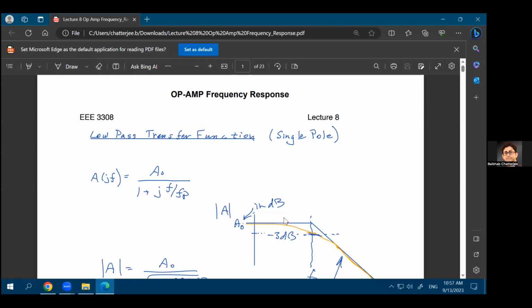So this is in the form of this: you have a constant term in the numerator, there are no zeros in this equation, but there is a pole at s equal to minus 1 over k. And what is k over here? In this case, it is R naught C naught. So if you just figure out the magnitude, you can ignore that j term, and your s will be equal to 1 upon R naught C naught, or 1 upon k, in terms of the magnitude.